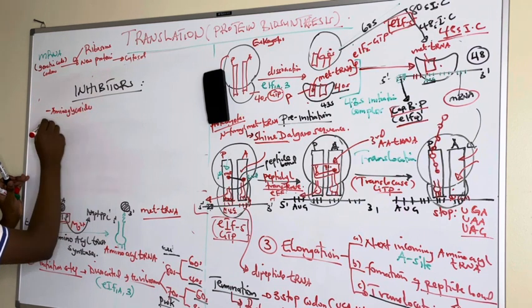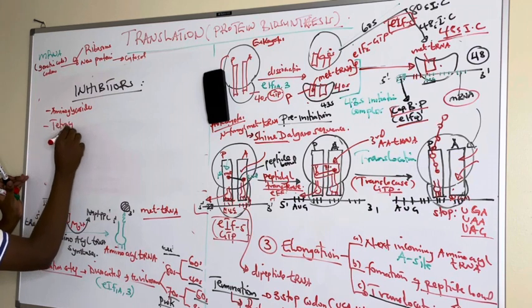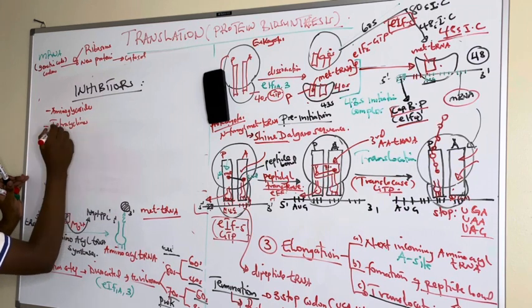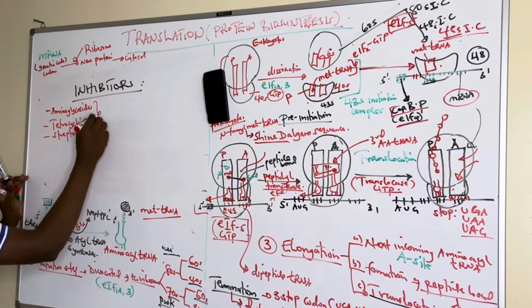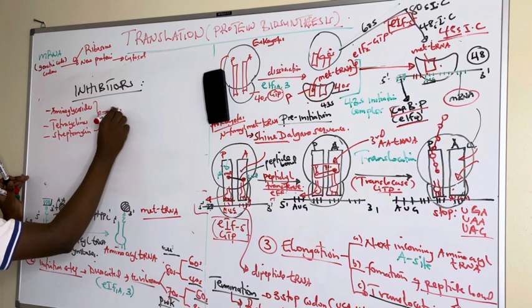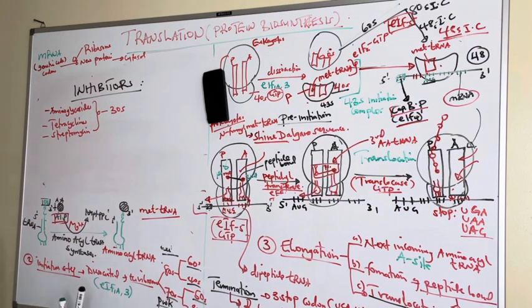We shall have drugs like tetracyclines. We shall have drugs like streptomycin. And all these drugs bind to the smaller subunit, that is 30S of the prokaryotes.